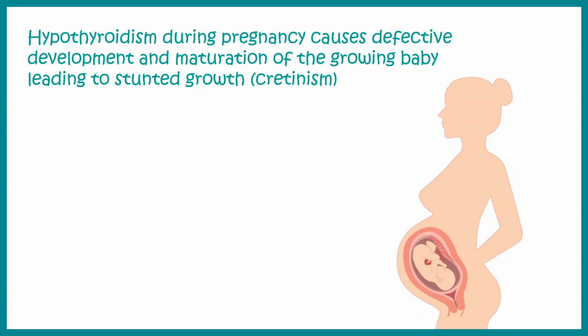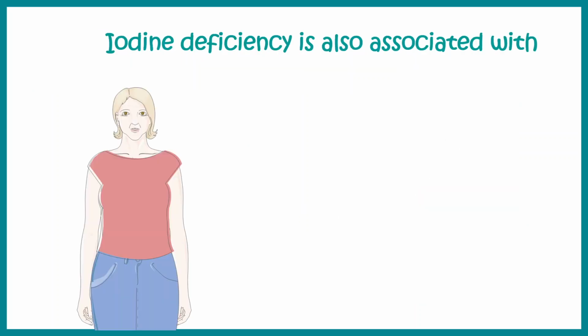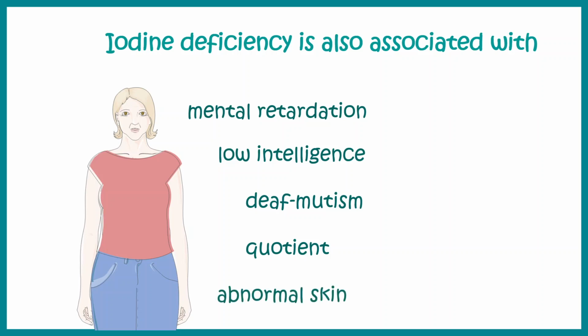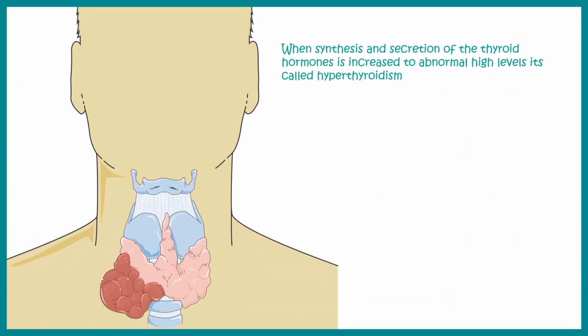So overall, it can lead to stunted growth known as cretinism. Iodine deficiency is also associated with mental retardation, low intelligence, deaf mutism, and also it has other effects such as abnormal skin tone, skin diseases, all of these. So overall, iodine deficiency is associated with a wide variety of symptoms.